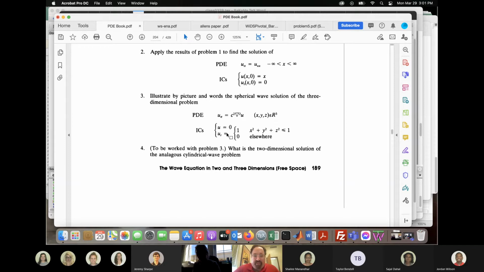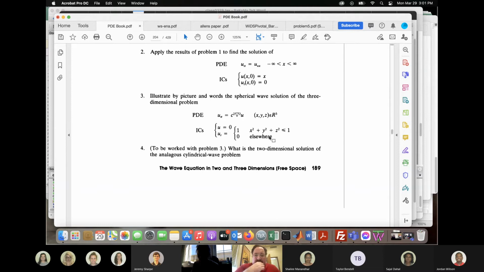Because what's happening is you have this initial data that is 0 almost everywhere, and so to give you an idea as to what's happening, imagine how a solution behaves at a point that is far away from where the sphere of radius 1 is.